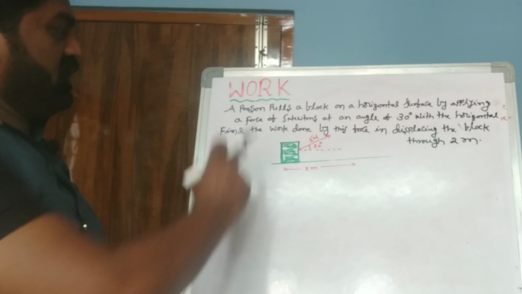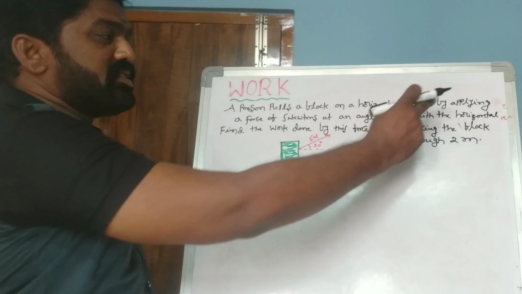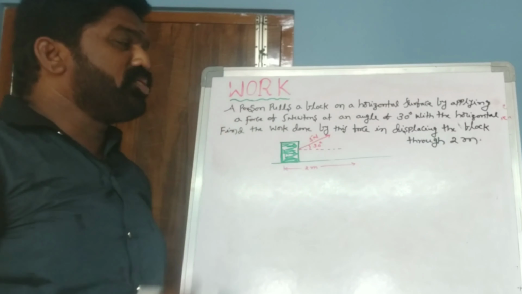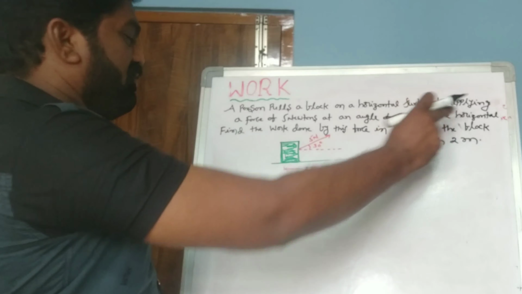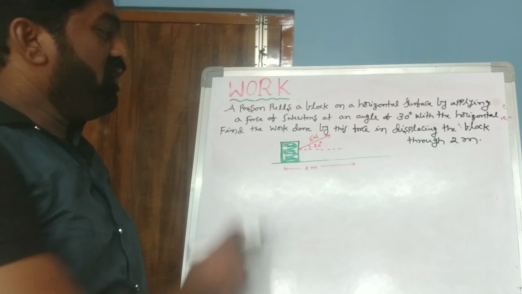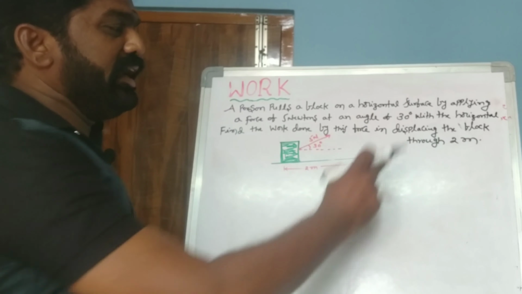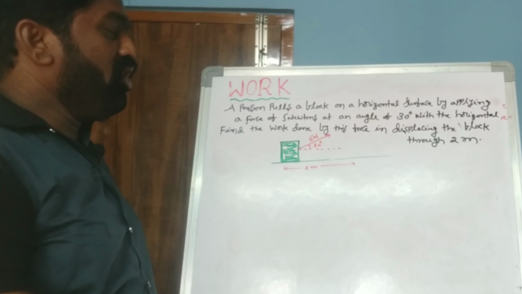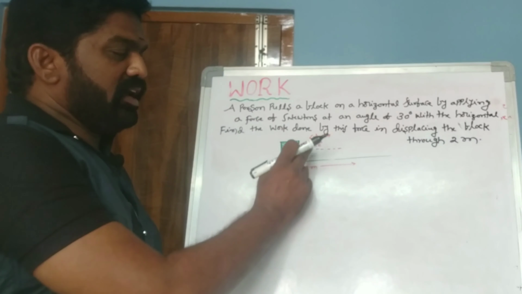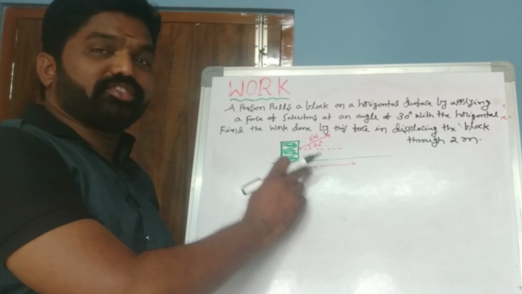Next problem. A person pulls a block on a horizontal surface by applying a force of 5 newtons at an angle of 30 degrees with the horizontal. Find the work done by this force in displacing the block through 2 meters. So in this problem, force is given, 5 newtons, angle theta is given, that is 30 degrees, displacement is 2 meters.